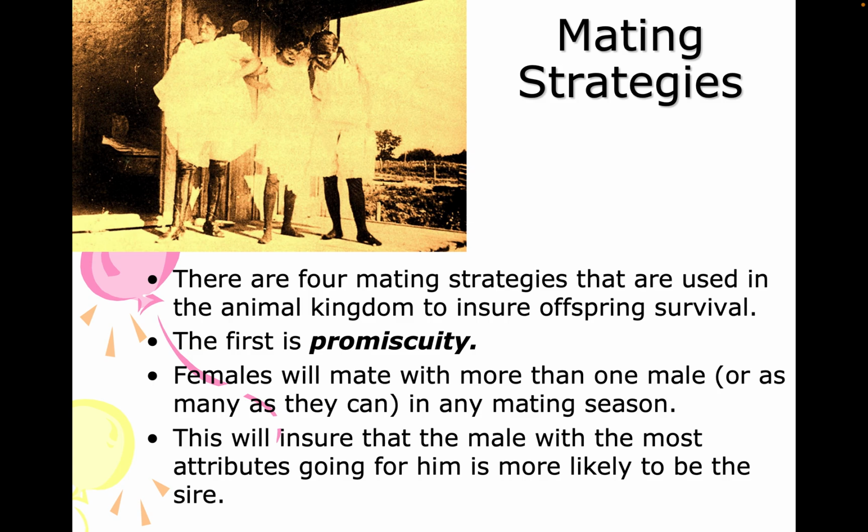So since the mate is the first one, maybe that's it. Maybe, but what happens with chimpanzees? Chimpanzees produce a lot more sperm than humans do. And the reason is because they need a lot of sperm in order to potentially be the sire of the offspring, as weird as that sounds.